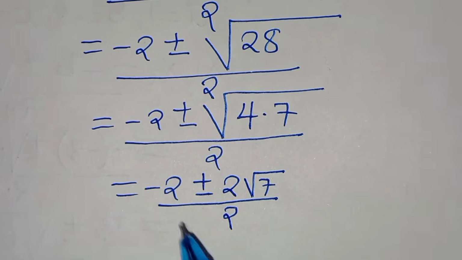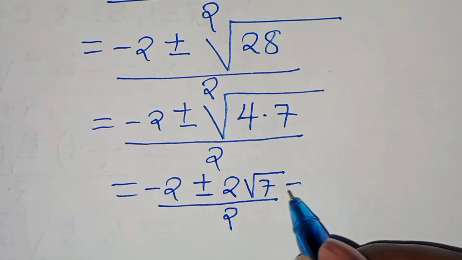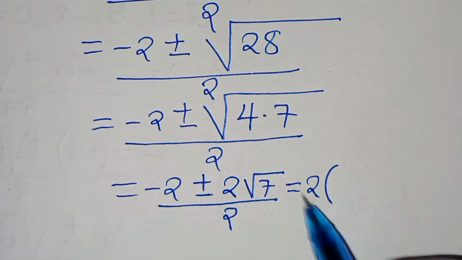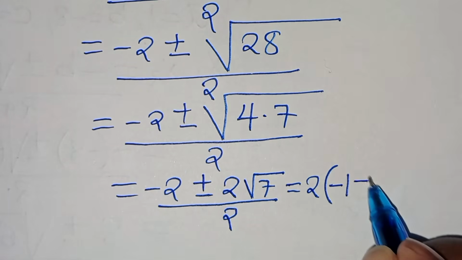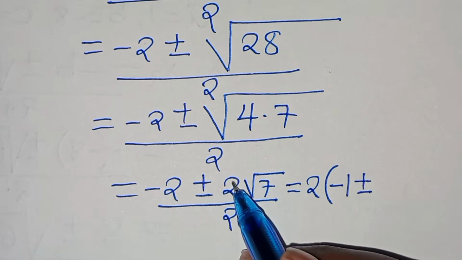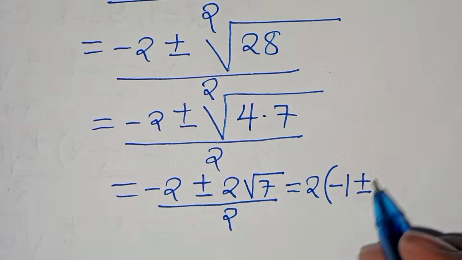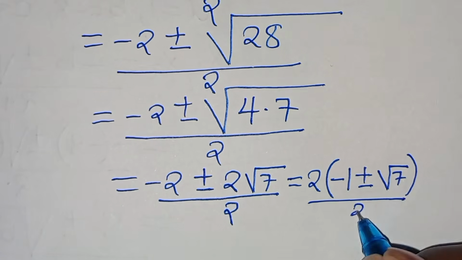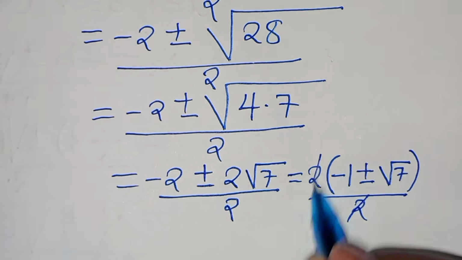Now, if we check the numerator here, we can factor out 2 into the parentheses. This is minus 2 divided by 2. This is minus 1 plus or minus. This is 2 square root of 7 divided by 2. Here we have square root of 7, then divided by 2. So let's simplify 2 and 2.